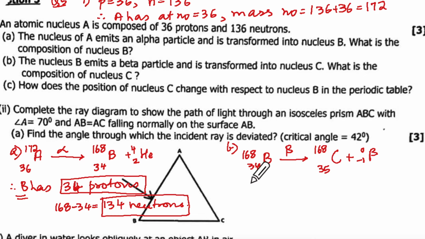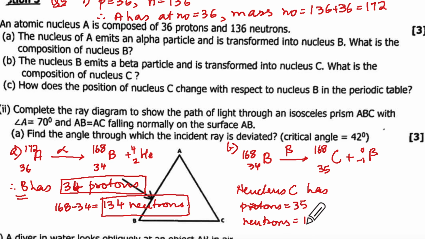What is the composition of nucleus C? So nucleus C has protons how many? 35. And neutrons how many? 168 minus 35, which is 133. There were 134. One became a proton, so 133 neutrons are remaining.